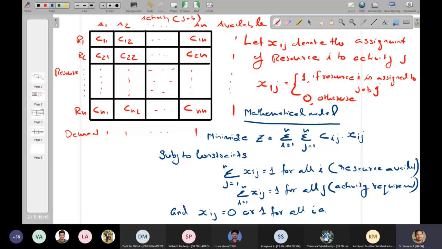Xij will have only two values here, either 0 or 1. In a particular row or column there will be only one Xij value equal to 1. Rest all will be 0, so that you can take into account for further calculation purposes.